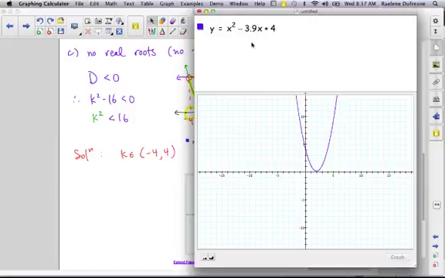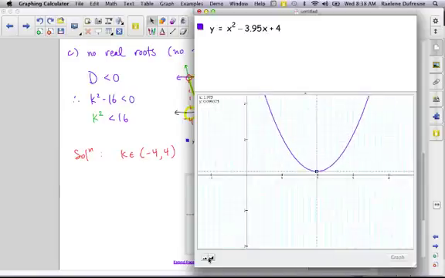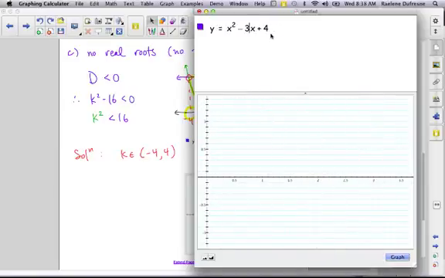And therefore, we are getting closer and closer to having a real root. Let's go back to -3.95, and let's zoom in just to be clear that that graph is not touching. Okay, but as soon as we change this to -4, we do have one real root. And if we make this -4.1, we get 2 real roots.